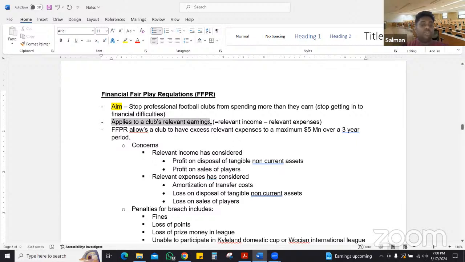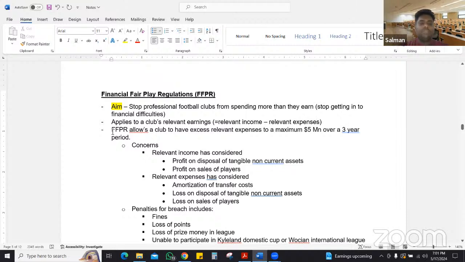So this applies to their profits, earnings. What is the club's earnings? Income minus expenses. Now see, the financial fair play regulation can't just get involved when a company has a loss. They only get involved when a club has serious losses for a long time.